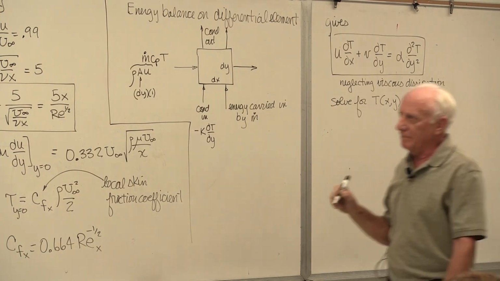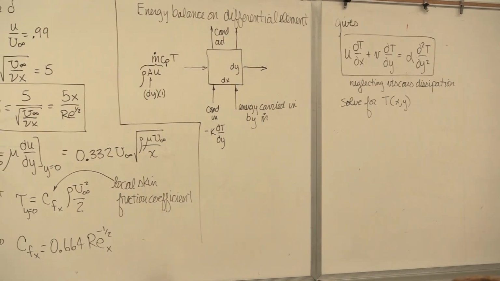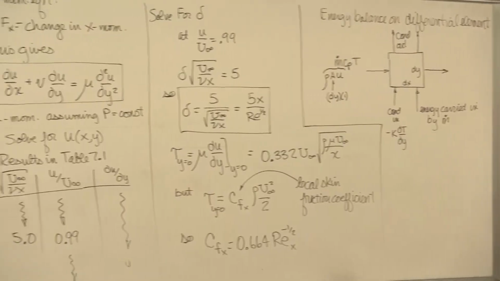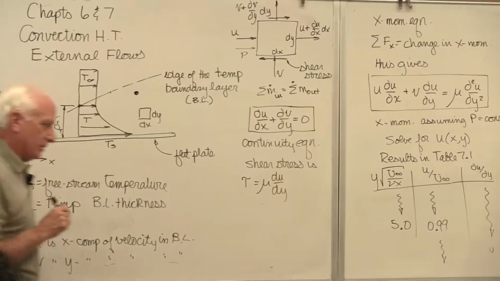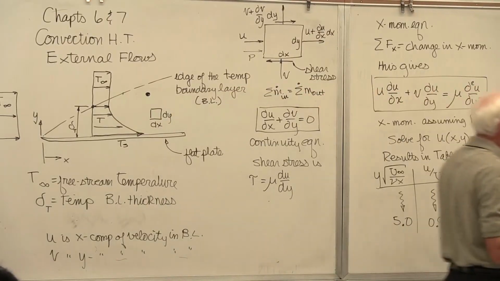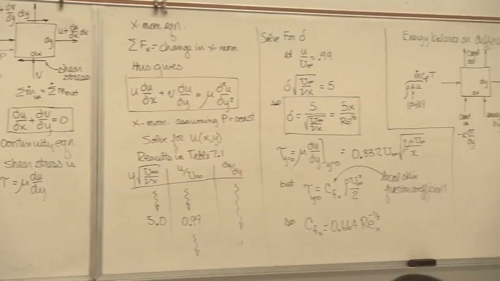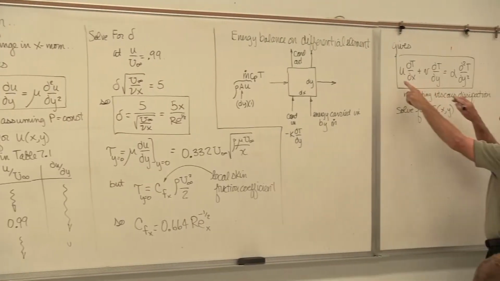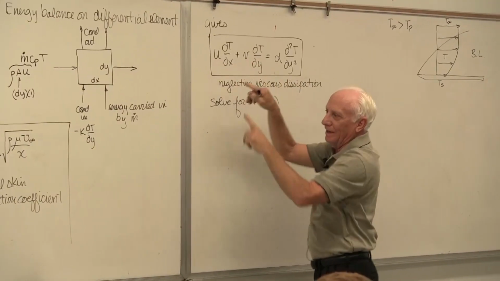So if I put a big fat black dot in there and say, tell me the temperature in the boundary layer where x equals 5 centimeters, y equals half a centimeter, you could do it then. How? Solve this equation. But to solve it, what do you need? I need to know u and v as a function of x and y.